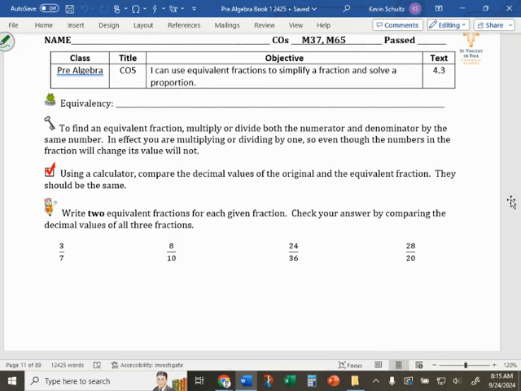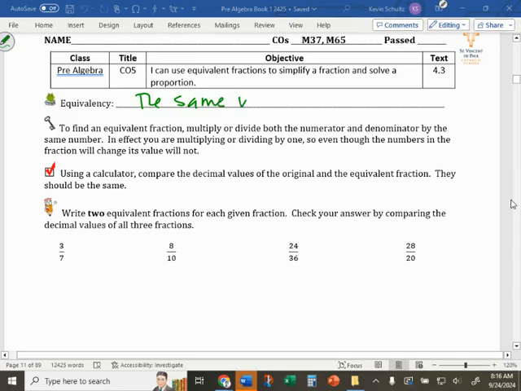Value, very good job. Equivalency is the same value. So when you write an equivalent fraction, you are writing a fraction with the same value.